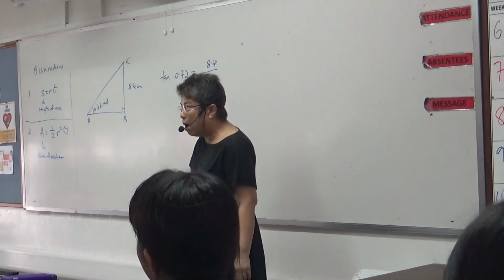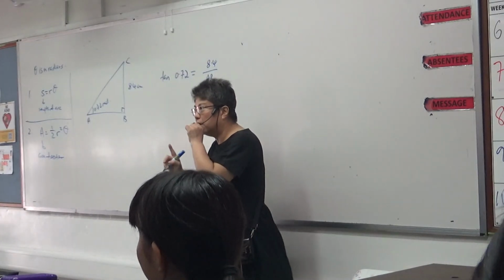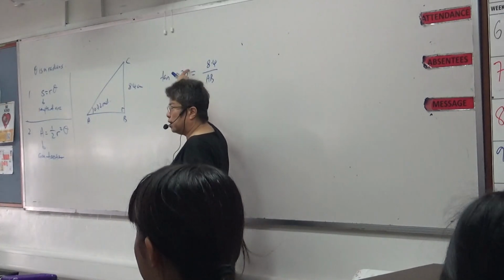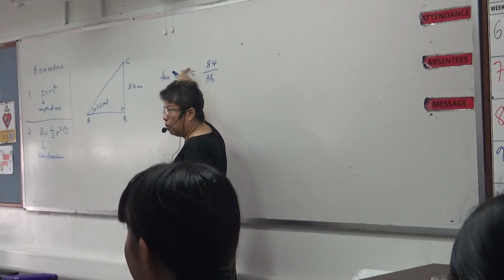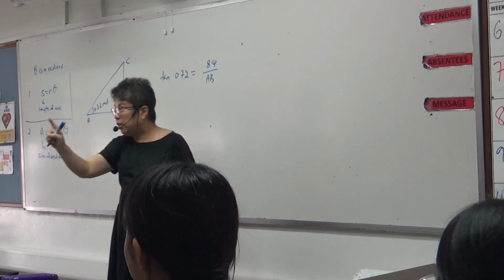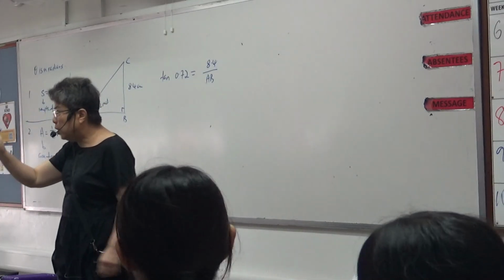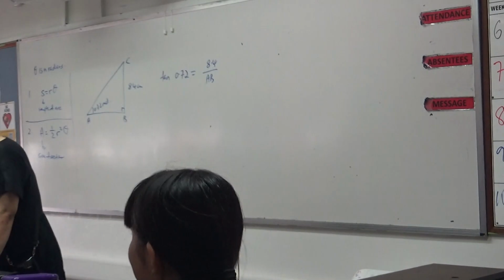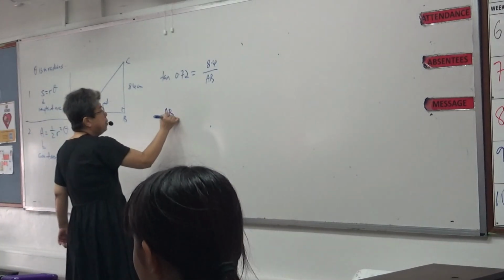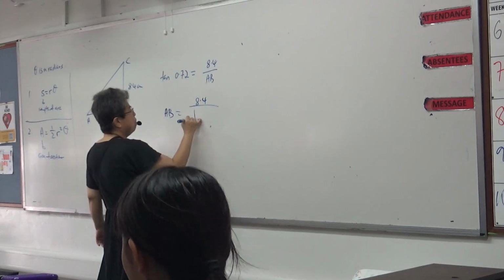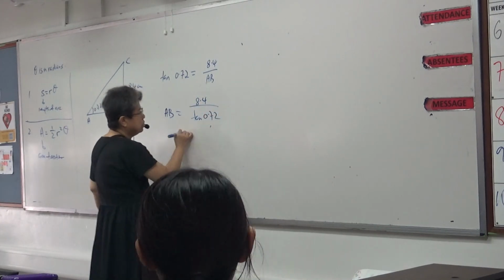Correct? Now, do you want to put degrees here? No. When you need to put degrees, you put degrees. When you don't need to put degrees, don't go and put degrees. Understand? Okay, so AB will be 8.4 over tangent 0.72.